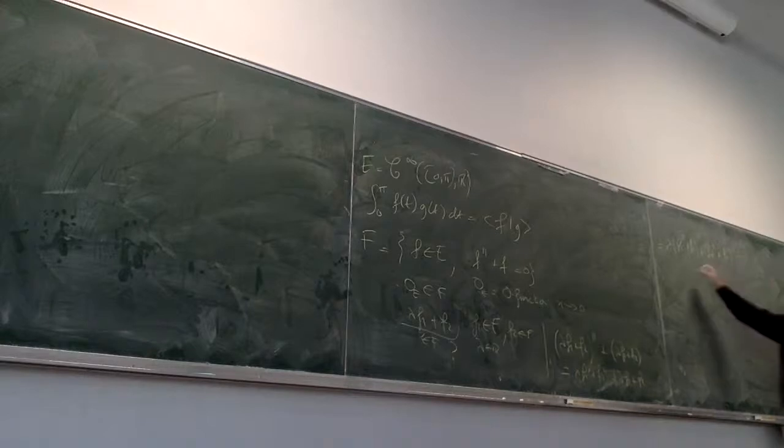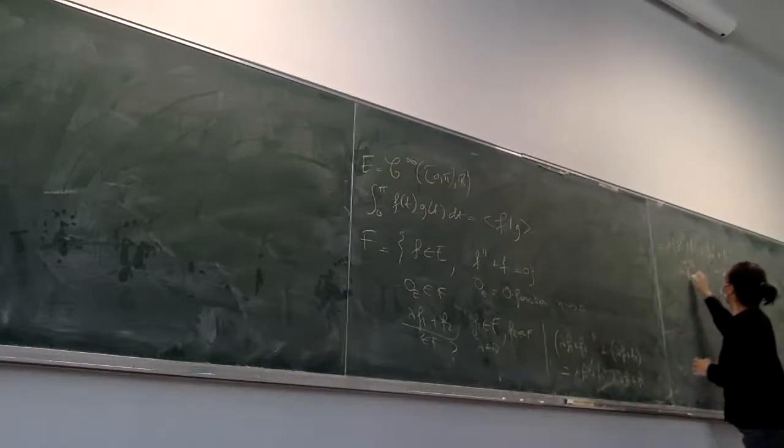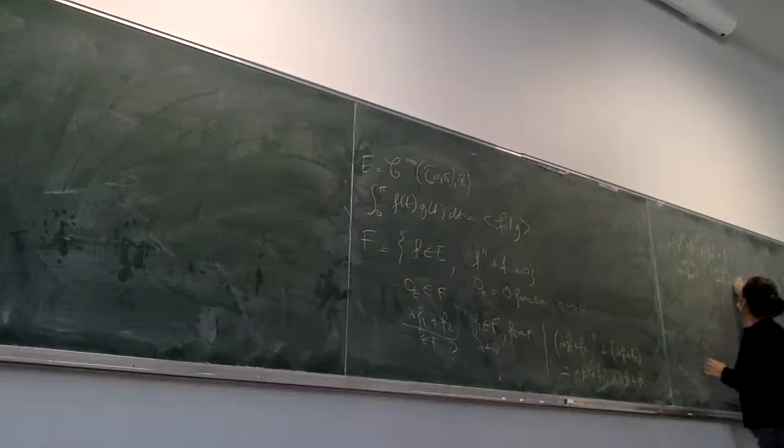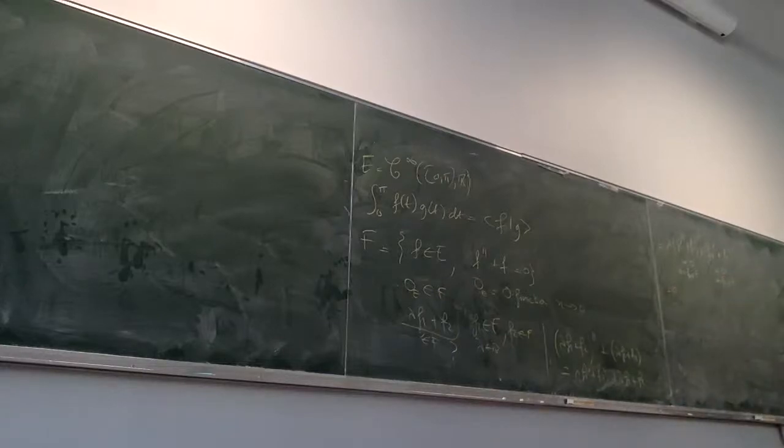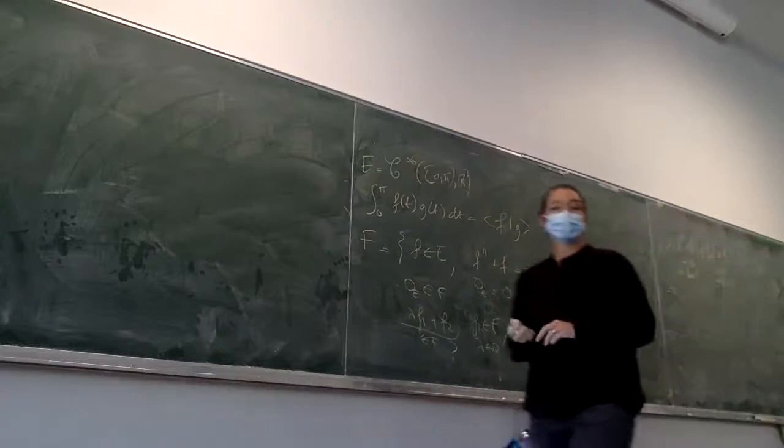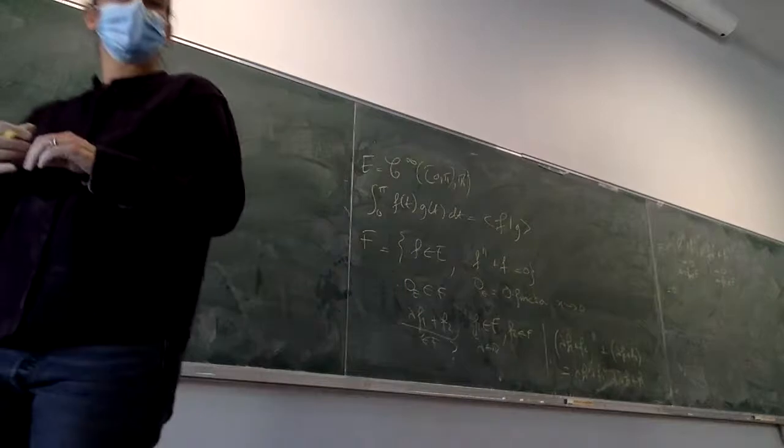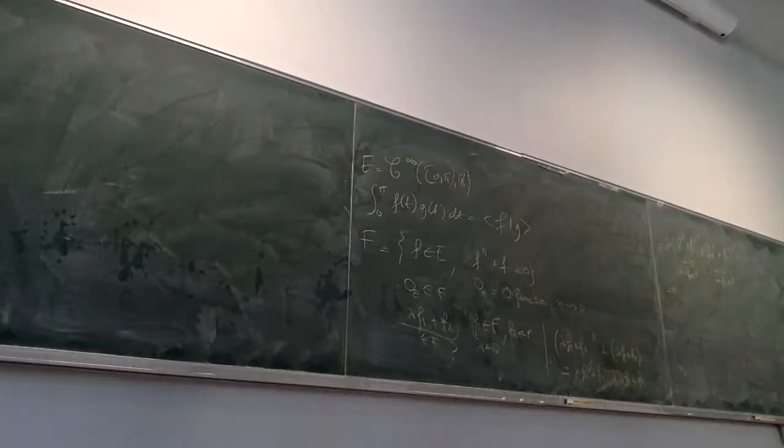F1 satisfies the equation, f2 also, so the linear combination satisfies this equation, so we really have linearity. So we've got a linear space.